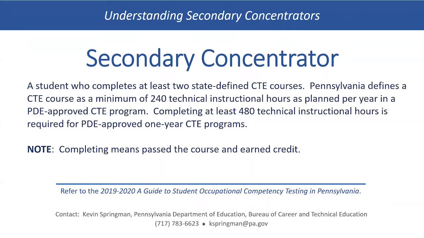Each program has an approved scope and sequence, which is the approved plan for the program. IEP students, of course, have an individualized program. It can differ from the approved scope and sequence, but the scope and sequence is what we're looking at when we think of this definition as far as being planned in the approved CTE program.